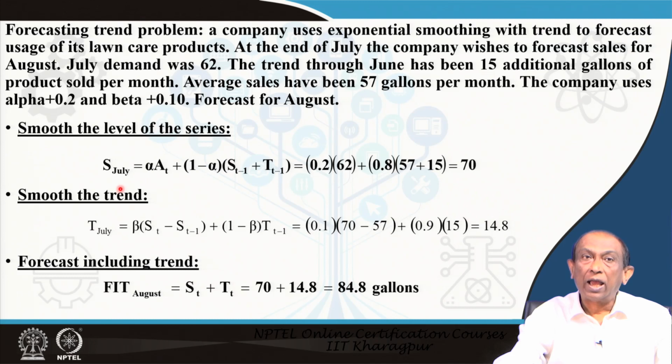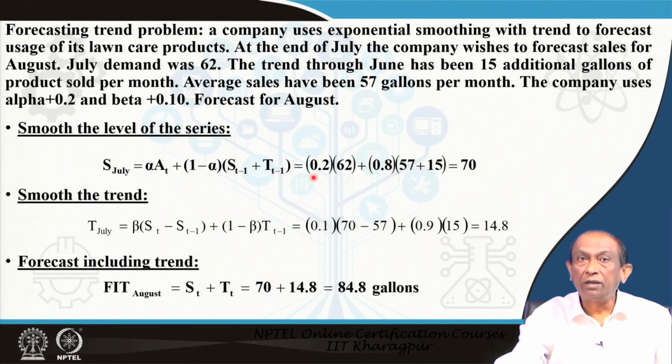So, standing at the end of July, the smoothed value of the level denoted by S_July is alpha times actual demand for July plus 1 minus alpha into the smoothed value which was computed one period ahead, that is the average value of sales till the month of June, plus the rate of growth or the upward trend that has been observed in the month of June.